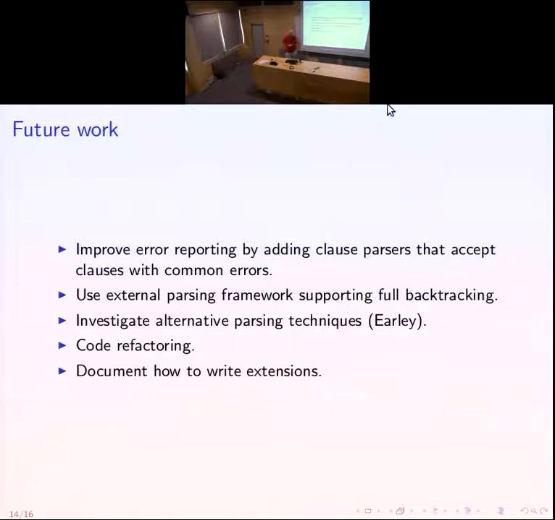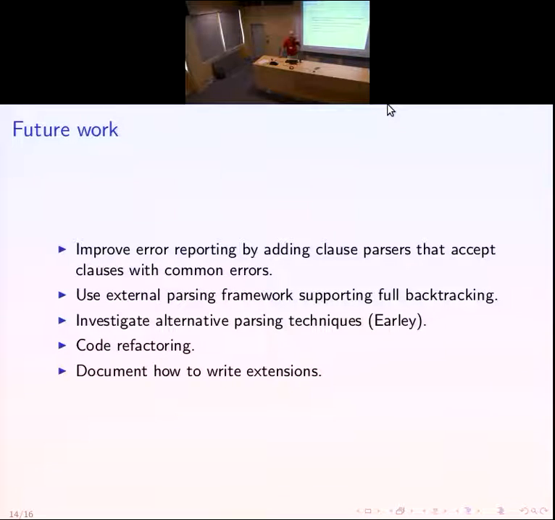Like I said, I used an approximation of combinator parsing because at the time I started writing this, a couple of years ago now, I couldn't find any existing Common Lisp combinator parsing frameworks. Now I'm aware of at least two. And those are more complete in that they allow full backtracking. Currently, my approximation of it requires a particular order between the parsers, which is obviously not so modular.